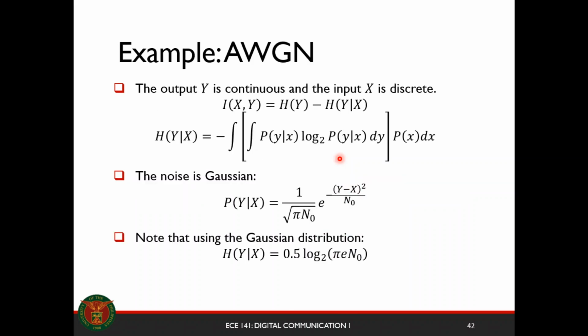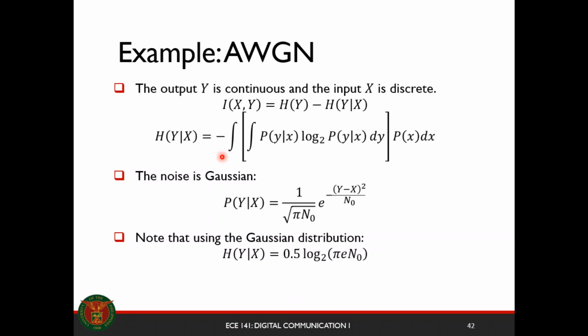So, an example: the additive white Gaussian noise channel. The output Y here is continuous and the input X is discrete. So we have a digital communication system operating in an analog world. The mutual information between X and Y is defined as this. The entropy of Y can be taken from a Gaussian distribution, so you'll be able to get h of Y. The next step is to get the conditional entropy of Y given X, which is equal to this equation.